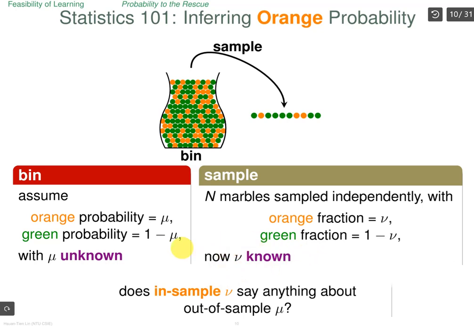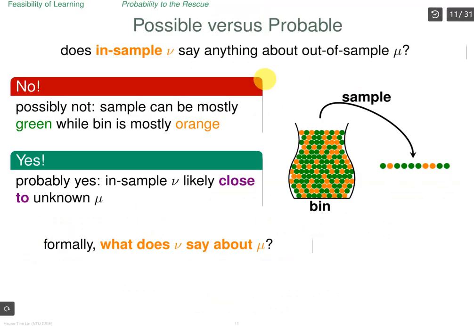Now the next question is, does in-sample nu say anything about the unknown, out-of-sample mu? It's out of sample because this is the sample, whatever is inside the bin, the orange probability, is, as we said, equal to mu. We can give two different answers to this question.